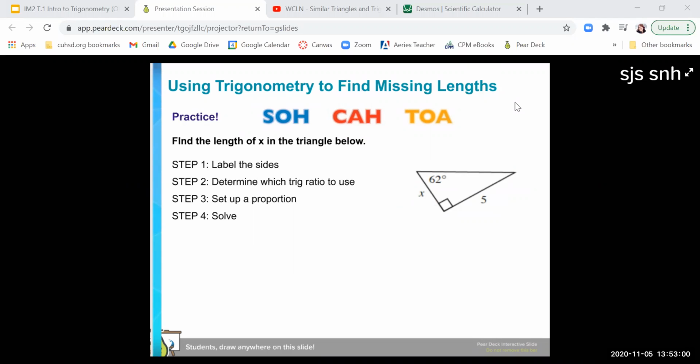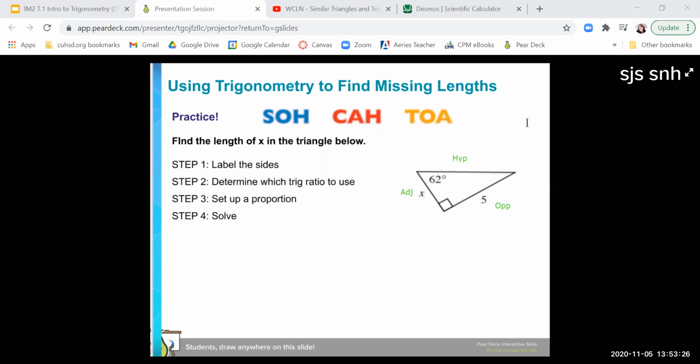We've got 62 degrees as our theta. Remember the side opposite the right angle, up here, is always the hypotenuse. The hypotenuse and this side with x form the angle, so this would be our adjacent. That leaves this 5 over here to be our opposite.